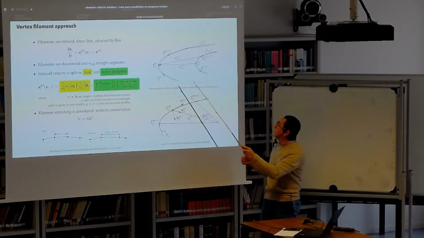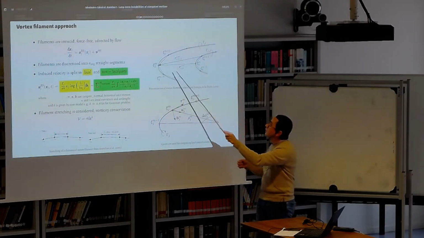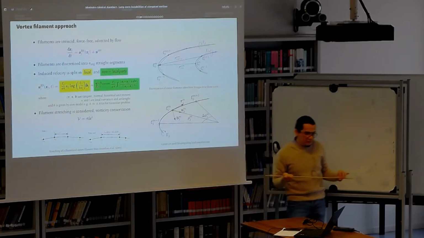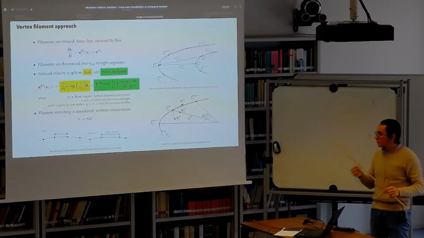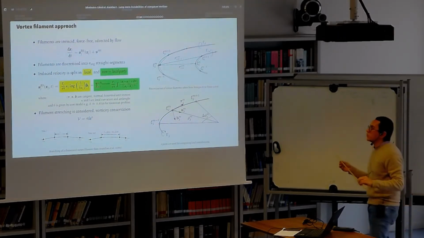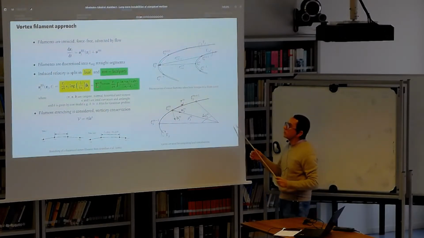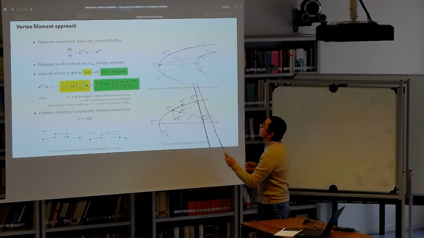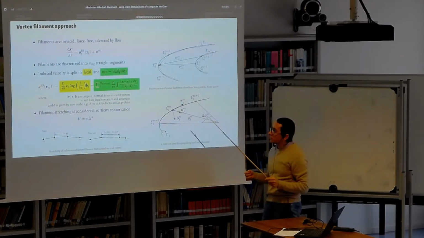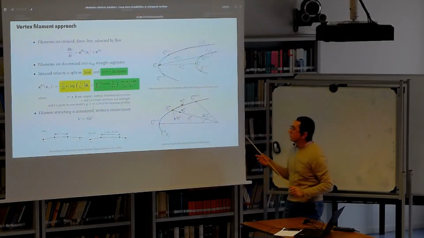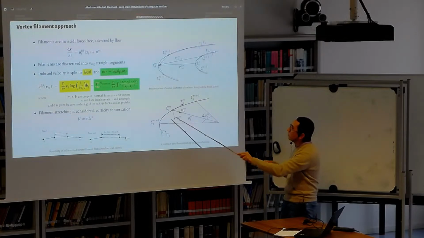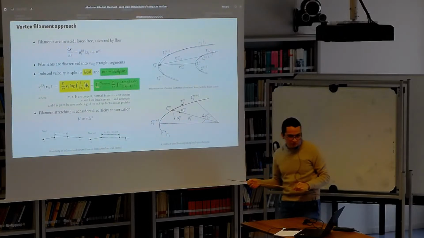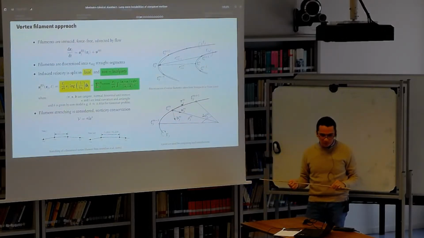All right. So we took a numeric approach. These filaments are going to be discretized into a number of straight segments, like we can see here. And to compute the induced velocity, to deal with the singularity in Biot-Savart, we're going to cheat a little bit and split the induced velocity into a local and a non-local part, where the non-local part is computed from the straight segments using Biot-Savart, and the local part is obtained by fitting an arc of circle that passes through neighboring points, and replacing the contributions by the exact solution for an arc of circle.